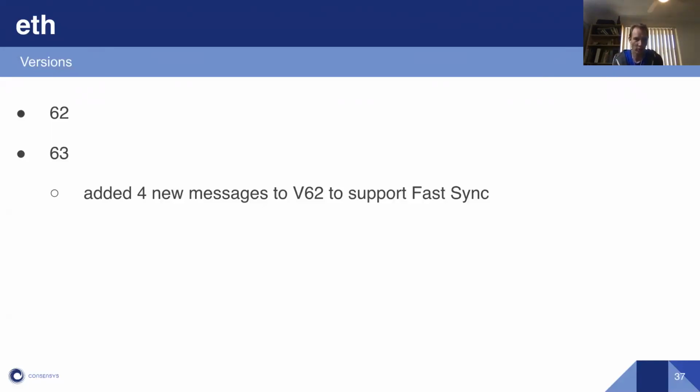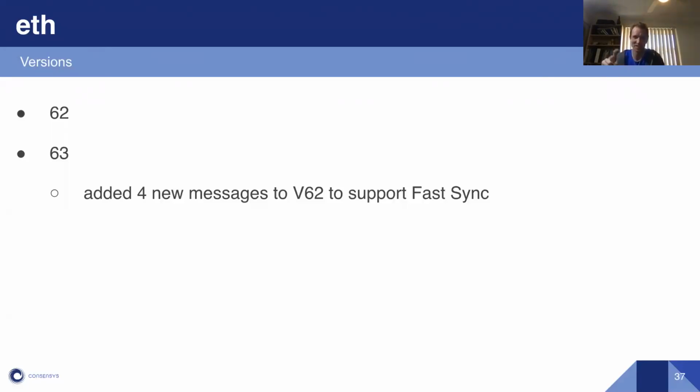Okay, so for the ETH subprotocol, versions 62 and 63 are the main versions that are out in the wild at the moment. The early versions starting at about 1 were some of the experimental versions. And then there was a big jump from maybe about 11 or so to 60.